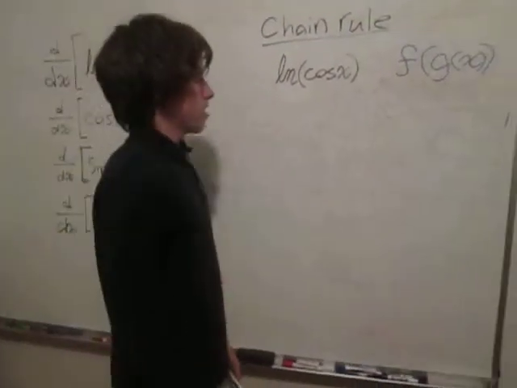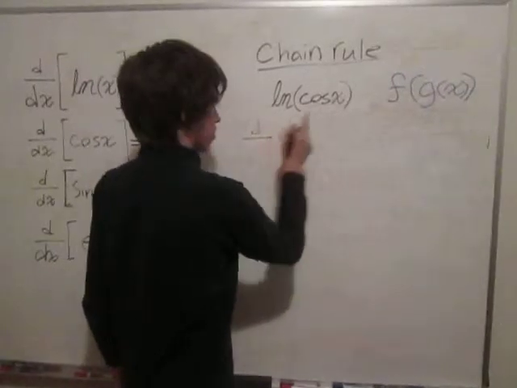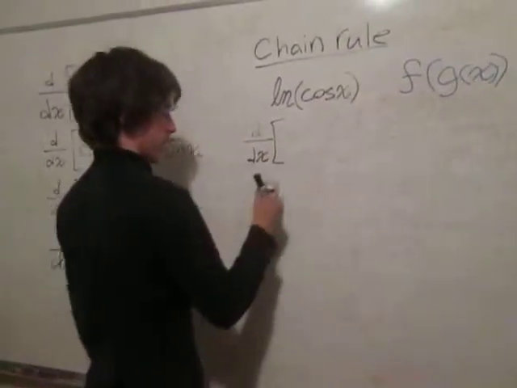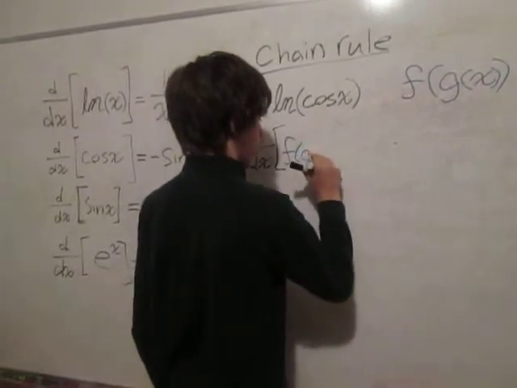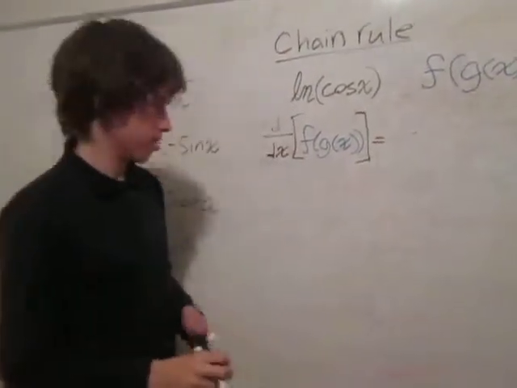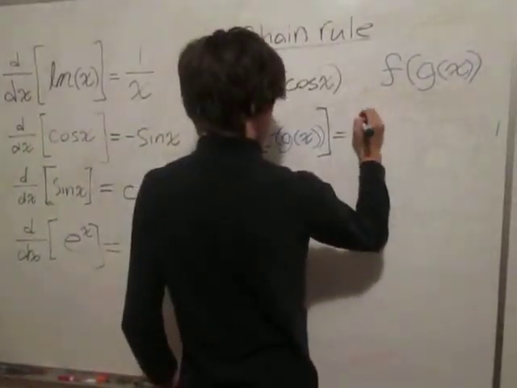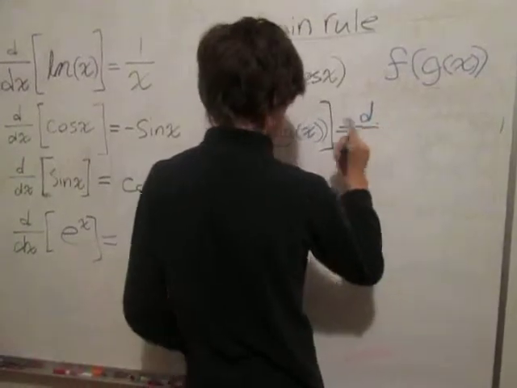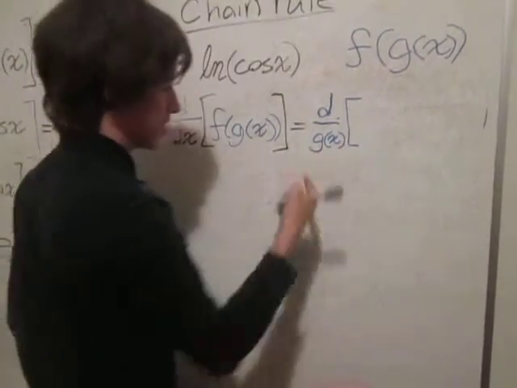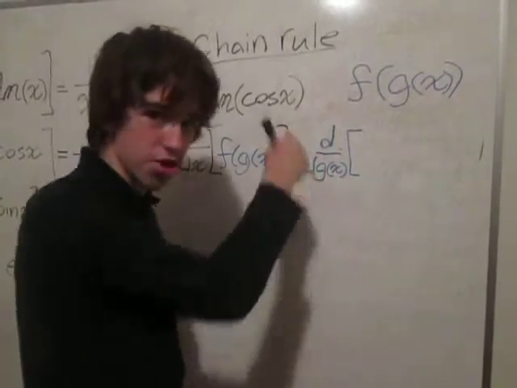That's not the answer. Now, what the chain rule tells us is that the derivative of something like, I'm going to use this color again, f of g, again this is just generalizable, of x is equal to the derivative with respect to g of x, or the notation's a little bit, dg, or df dg, however you want to write it.